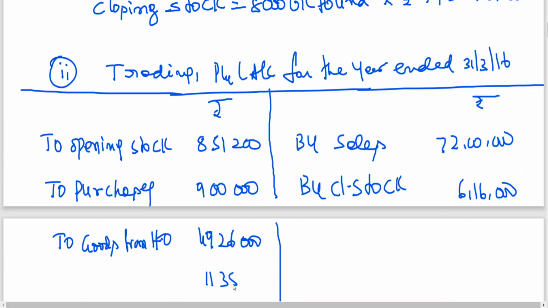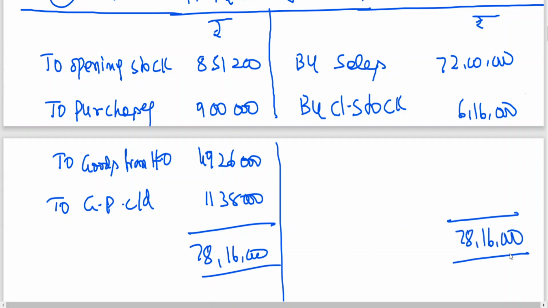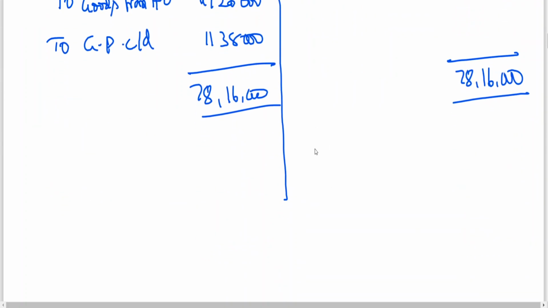I think we should be getting 11 lakh 38,000. This gross profit I've already worked out. You can cross check. Why gross profit 11 lakh 38,000?